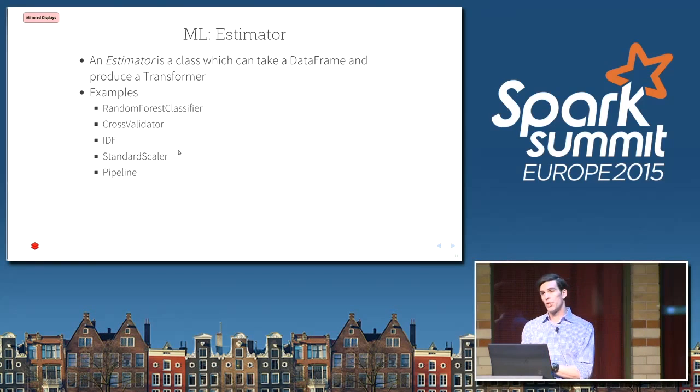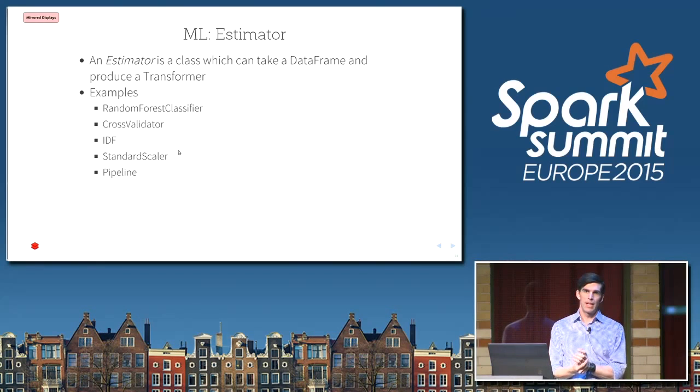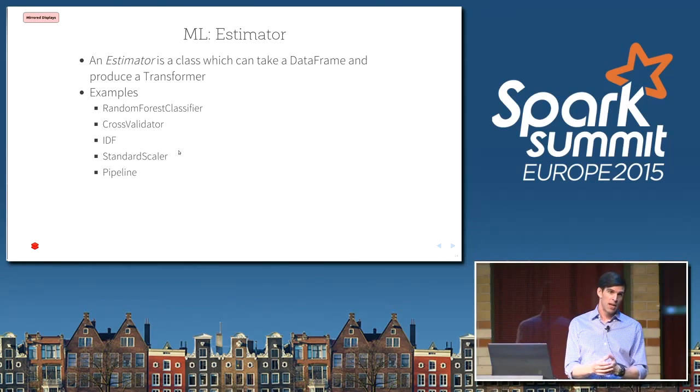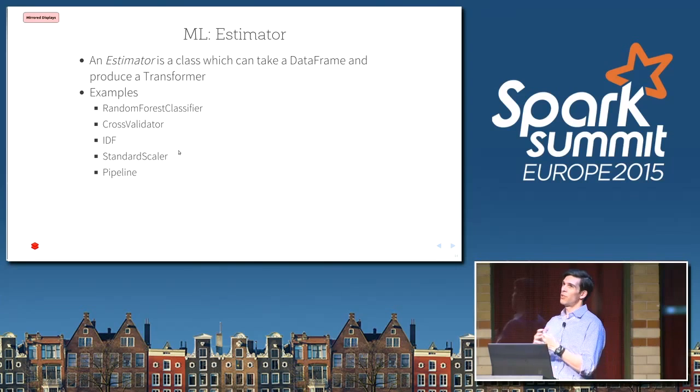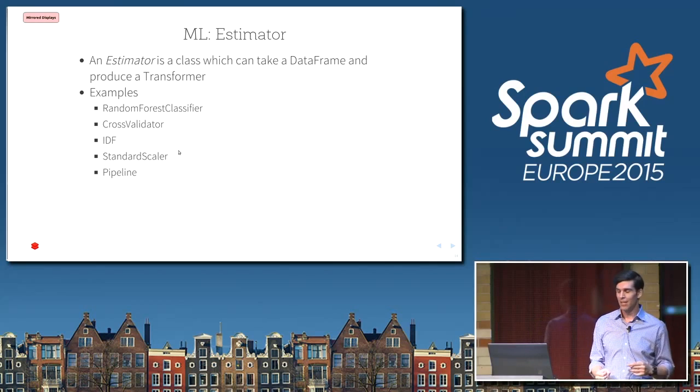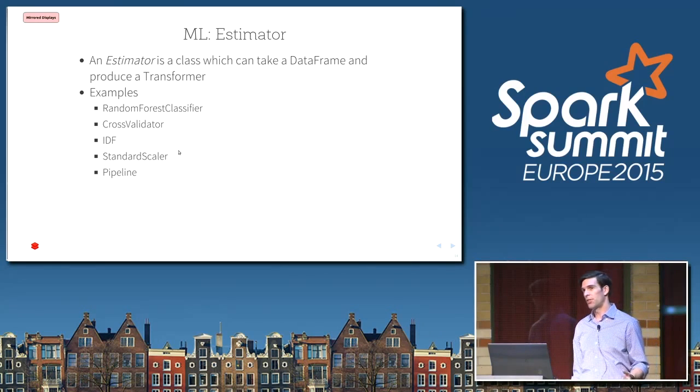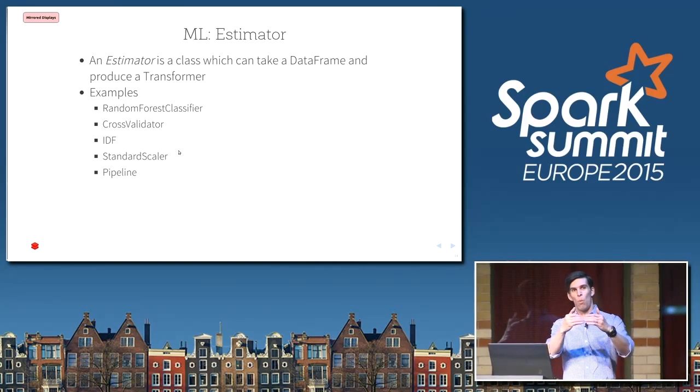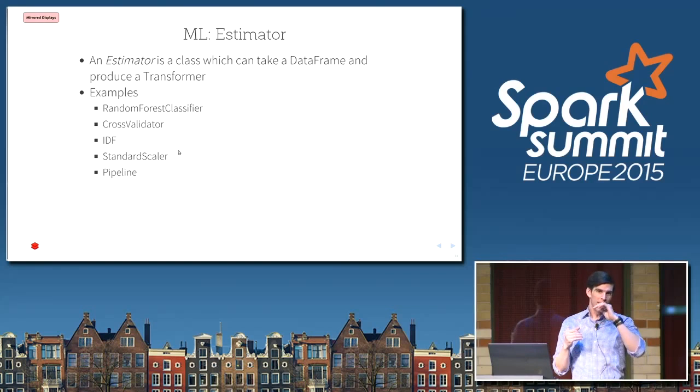Now, we'll see cross-validator used as well. That's really an estimator. IDF, so this is inverse document frequency. Now, if you do your term hashing and you have a bunch of different terms and you want to go ahead and say, OK, across all the documents, I want to see how frequently these things occur so I can weight them, and this would kind of correct for stop words automatically, a model has to be built up first that understands what are all the different words that are occurring and how frequently are they occurring across my set of documents before I can start to calculate IDF.